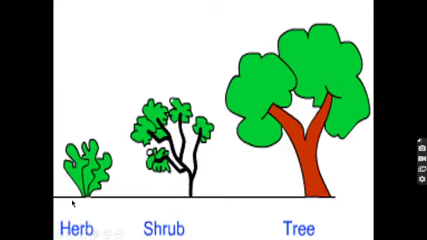Now look here. These are herbs, and their stems are very soft and they grow close to the ground, means they are not tall. Shrubs. So these are the shrubs, and their stems are weak and they have many branches.